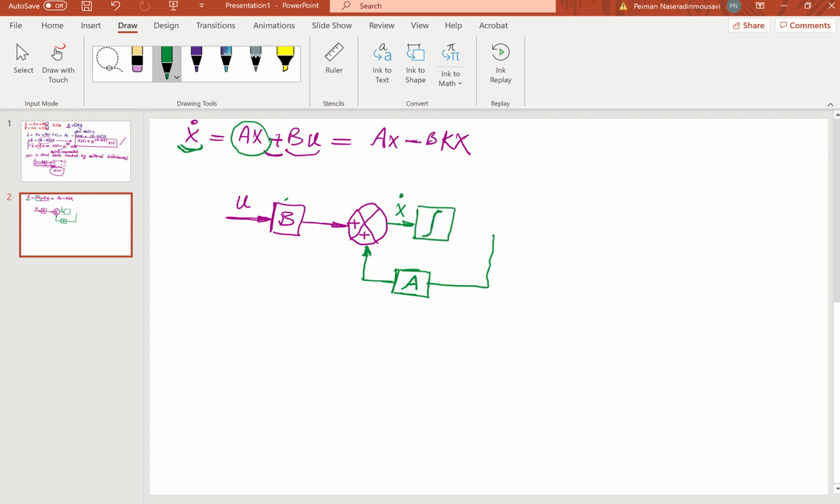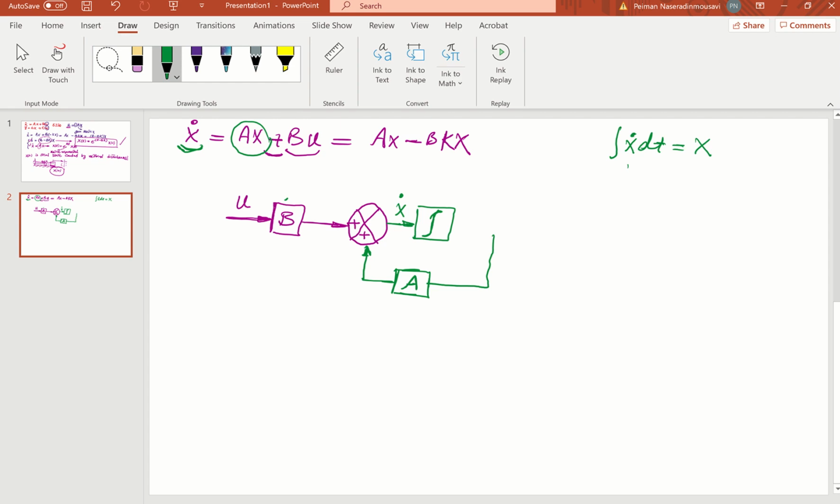Here we go. This is the integrator, because the integration of x dot dt is x. Obviously. Right? It is x.